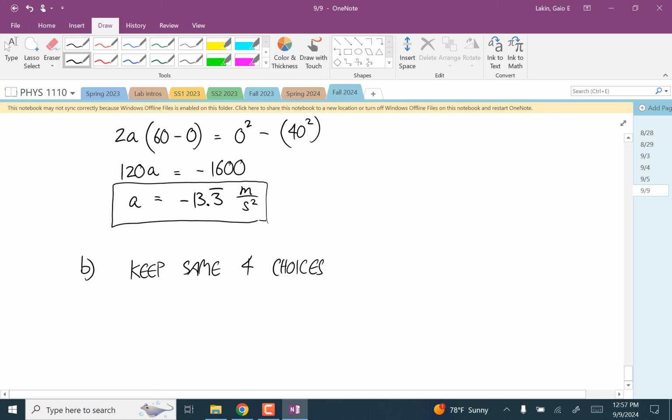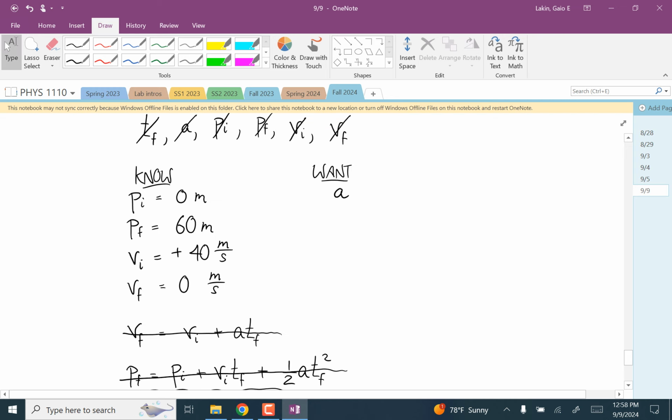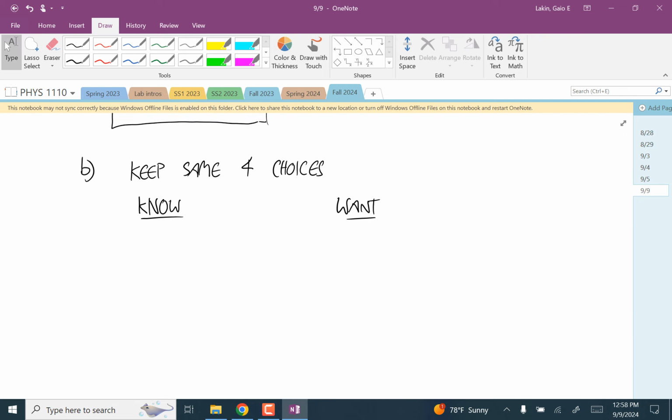And so that means when we go to figuring out what we know and what we want, I'm not even going to write that out. So we have the column of stuff we know, and the column of the thing that we want. And what we know now is all the stuff we knew before, plus now we know the acceleration. So I'll just list them out again.